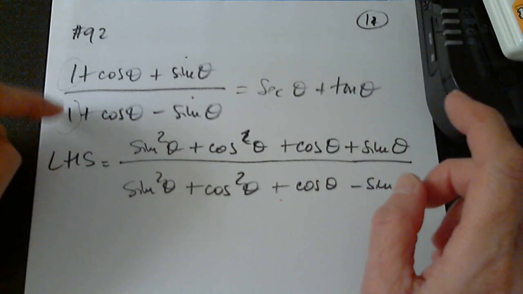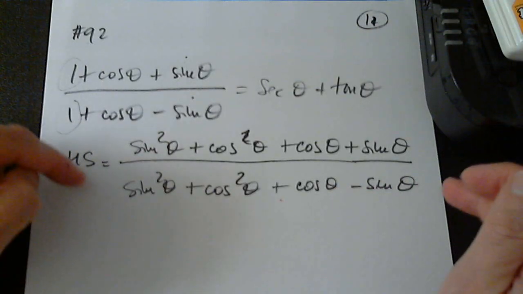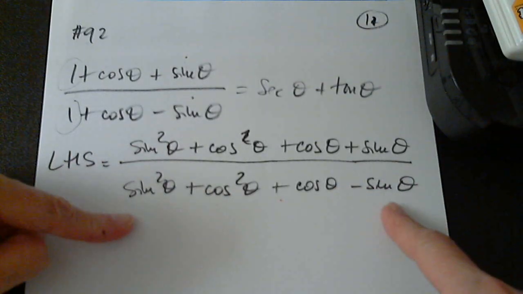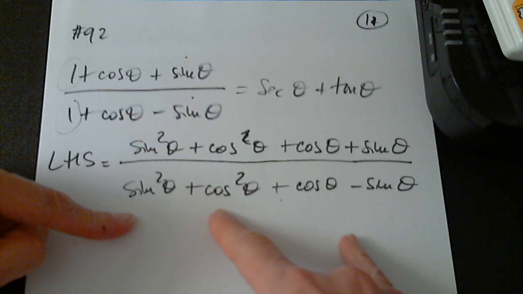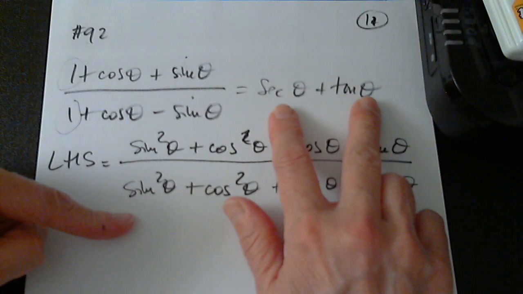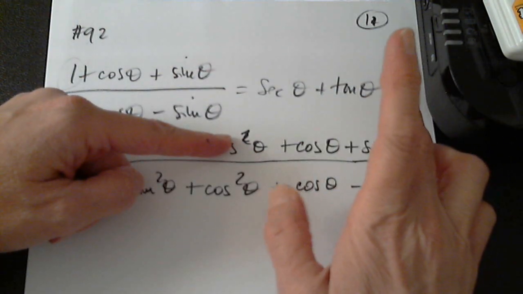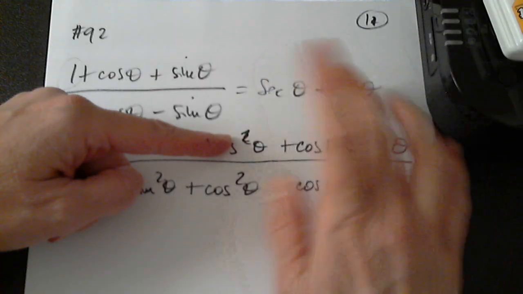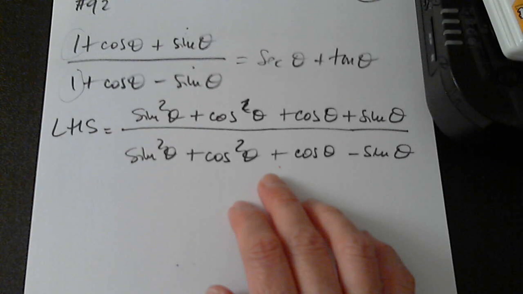There are other options in which we multiply top and bottom by a certain quantity. I don't see it at this point. Let's see the minus sine squared, cosine squared. If I start here, I have 1 over cosine and sine over cosine. I have 1 plus sine, 1 plus cosine. I'm not getting anywhere either way.